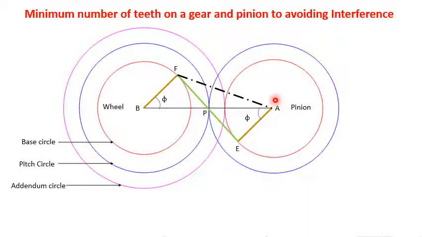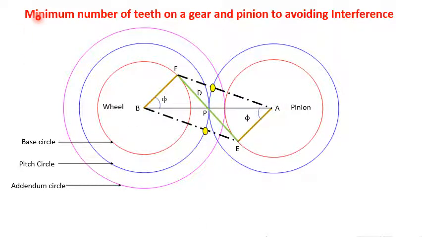Then I connect the tangent line and the center of the pinion by a line AF, and this line cuts the pitch circle at this point. Similarly, I join the tangent line and the center of the wheel, BE, and this line BE cuts the pitch circle at this point. Like this, we have to draw the diagram in order to derive the minimum number of teeth on gear and pinion.